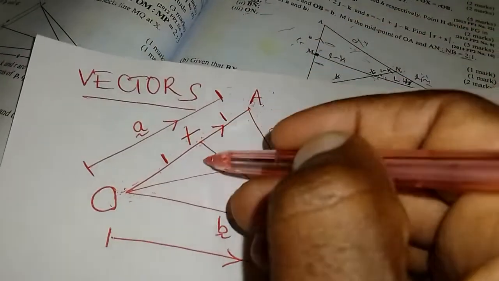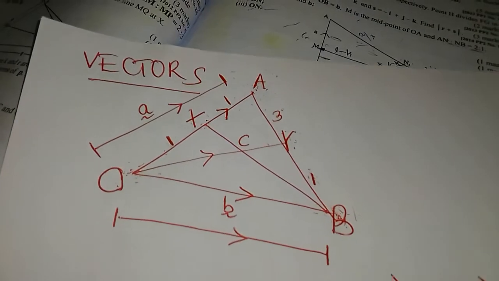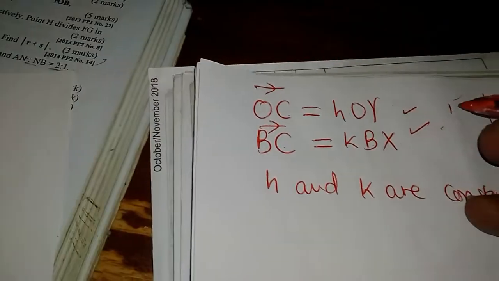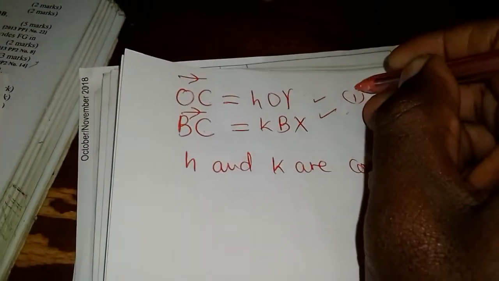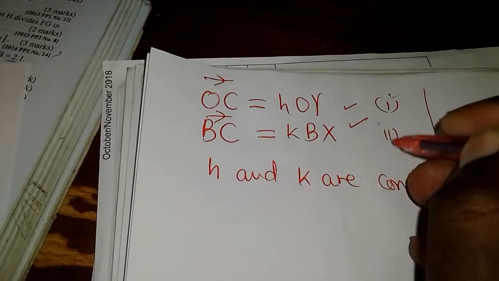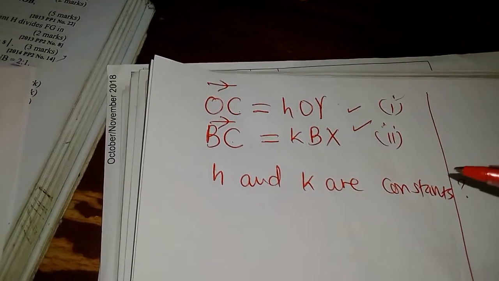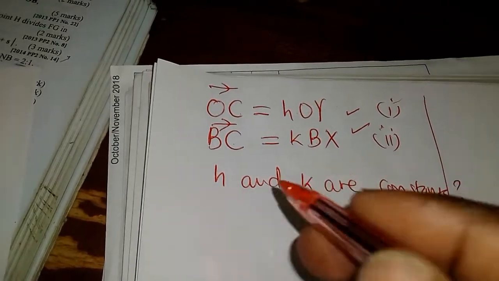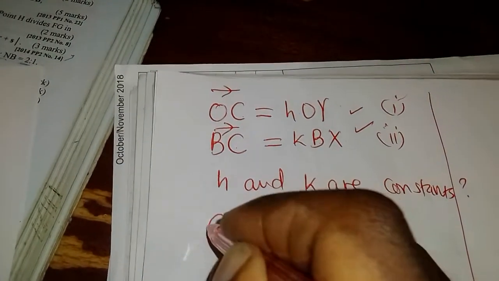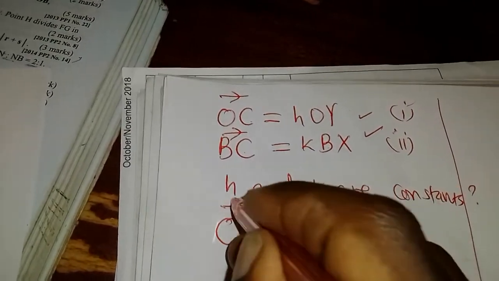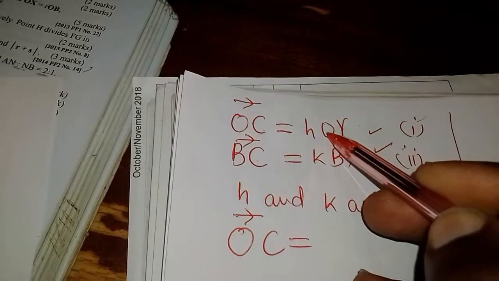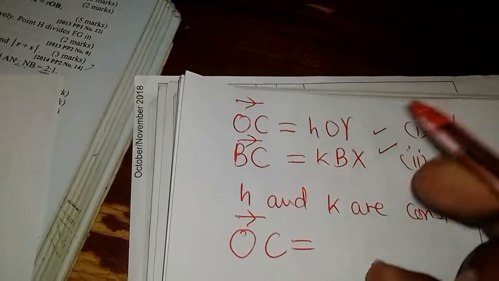So I have to indicate using this, like that. Then I'll come back here. This is going to help me write OC in the two different ways I'm supposed to have. First, OC is equal to, as per what I've been given here, HOY.